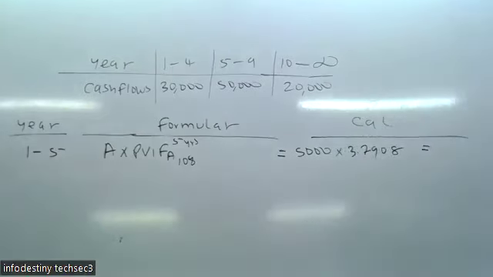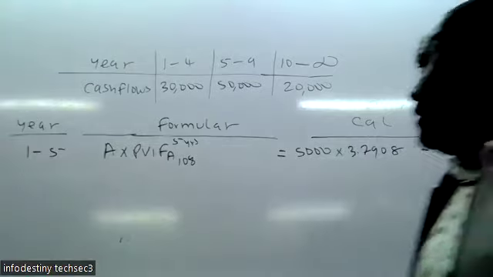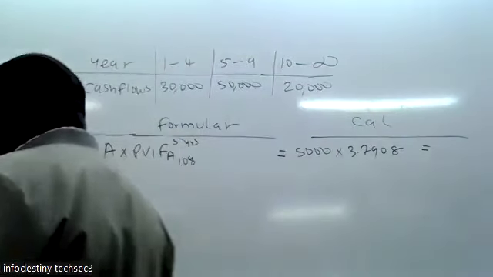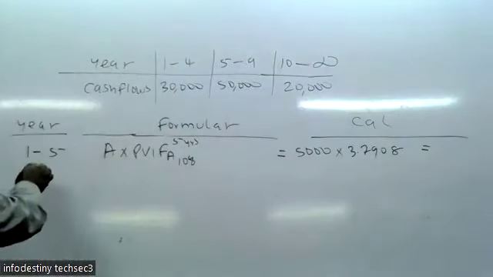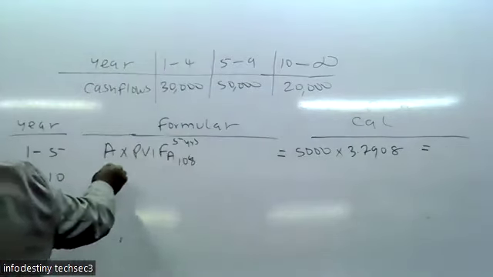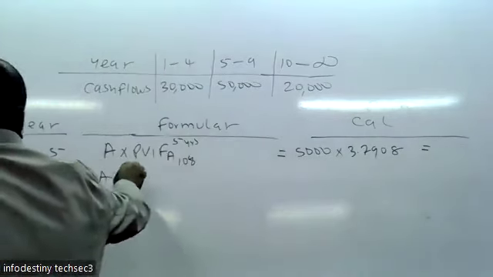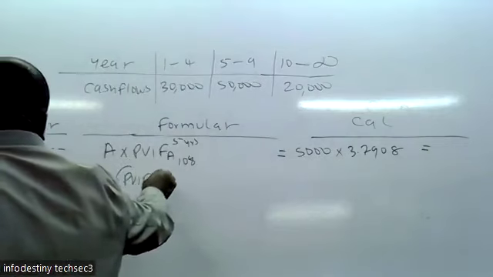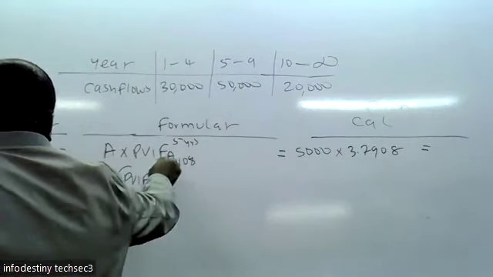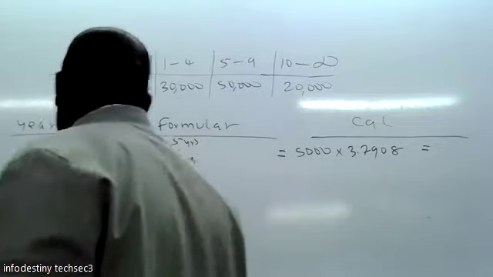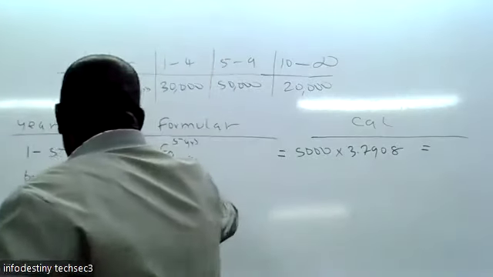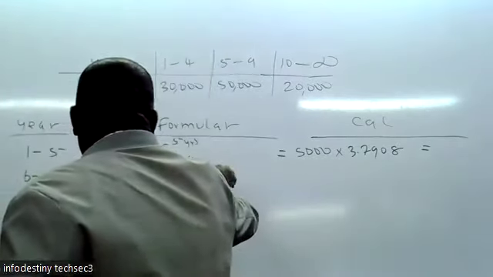So that is now for that. Then there is year 6 to year 10. So even this one will be the annuity. 10% in year 10. We subtract the one for year 5.